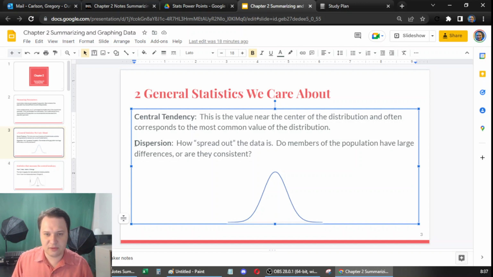The second statistic that we care about is called dispersion, and that is how spread out is your data. Is your data really centralized with everybody having a really similar value, or is your data really spread out? And so we have different statistics that measure both of these, and we'll look at those in this chapter and in the next chapter. So do members of the population have large differences, or are people consistent?